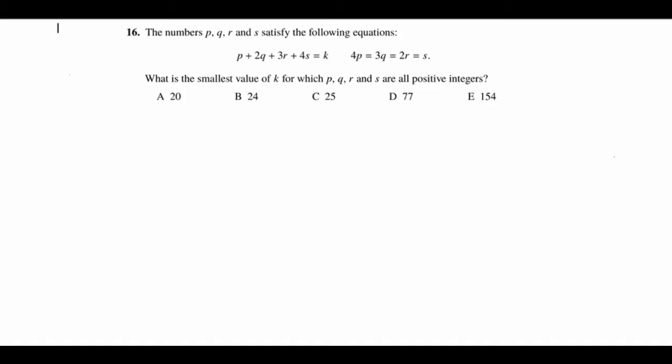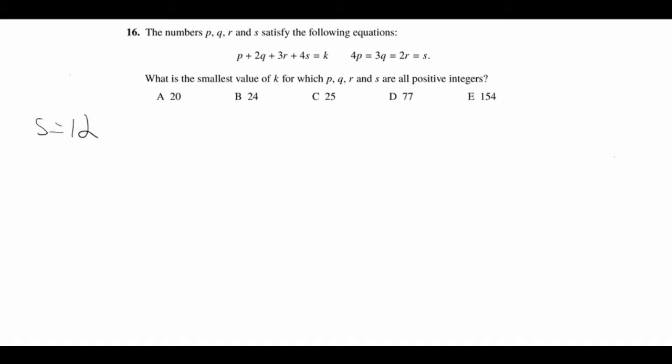And so what we have to do is try and find the smallest possible value of S which is a multiple of 4, a multiple of 3, and a multiple of 2. Clearly, the smallest possible value of S is 12. So S is equal to 12.